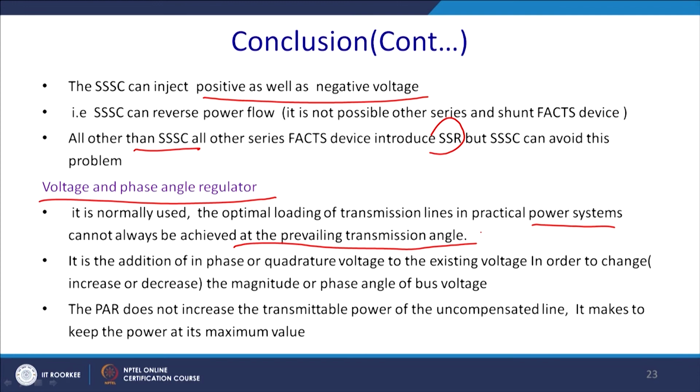So, it is prevalent in the case of short transmission lines. It adds a phasor, or quadrature voltage, to the existing voltage in order to change or increase the power flow of the line. PAR does not increase the transmittable power of the uncompensated line, it keeps the maximum power value constant, and only changes the power flow over a wide range of varying delta.